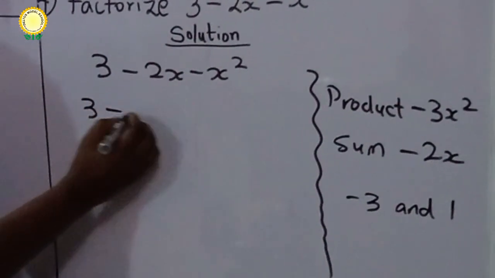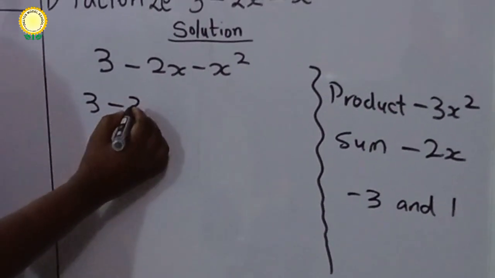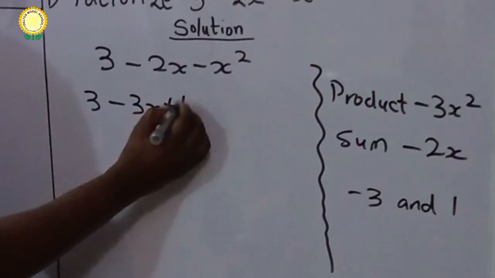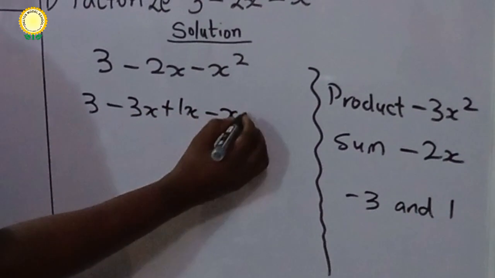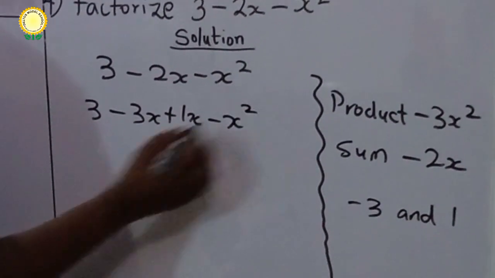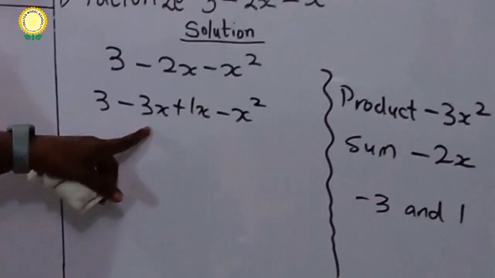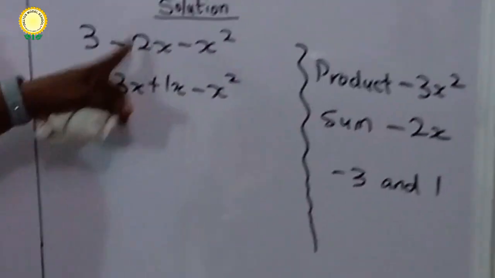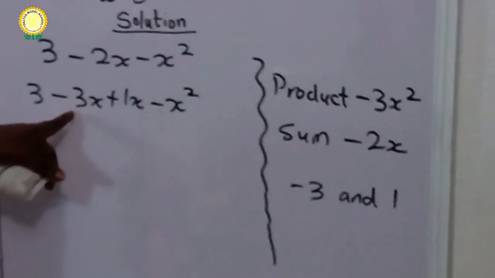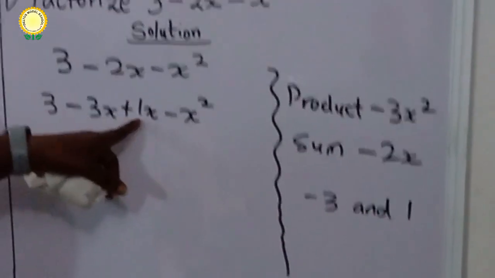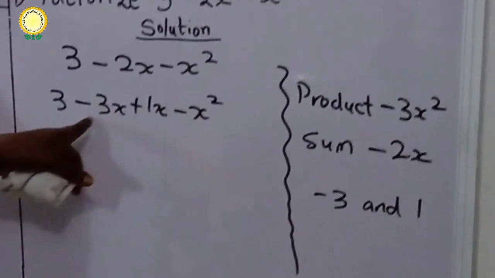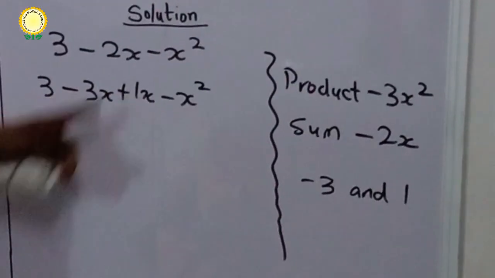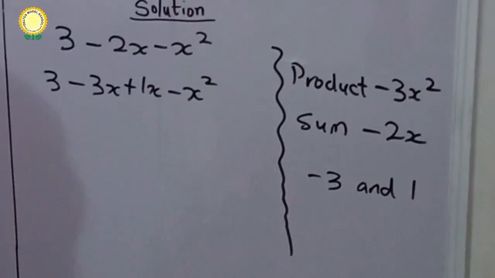So we have 3 minus 3x plus 1x minus x squared. Let's check if our factors are correct. Minus 3 plus 1 is minus 2. Minus 3 times 1 is minus 3x squared.